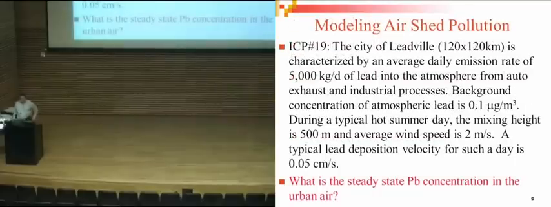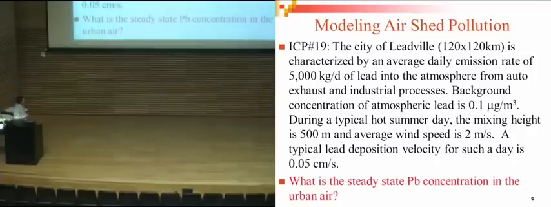So we'll start with a mass balance problem, much like we did earlier in looking at water. So we have a city with a given area that has a daily lead emission rate of 5,000 kilograms per day. Typically, those will be from auto exhaust and other industrial processes.